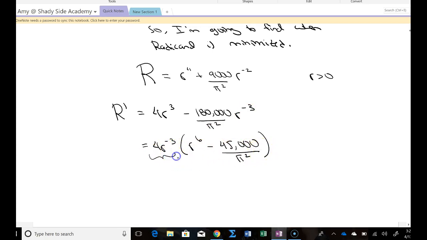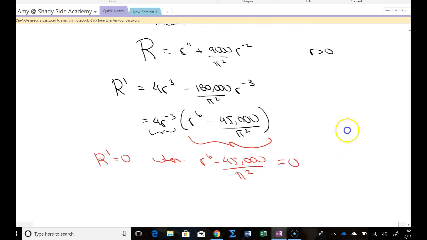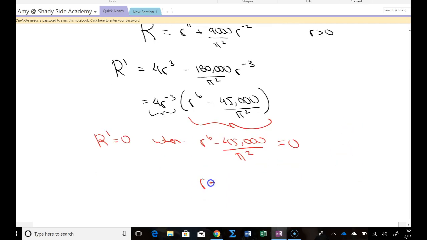We know here that r cannot equal 0. And the other critical point: when will R prime equal 0? When this factor equals 0. So r to the sixth minus 45,000 over pi squared equals 0. At the end of the day, r is going to equal the 6th root of 45,000 over pi squared.